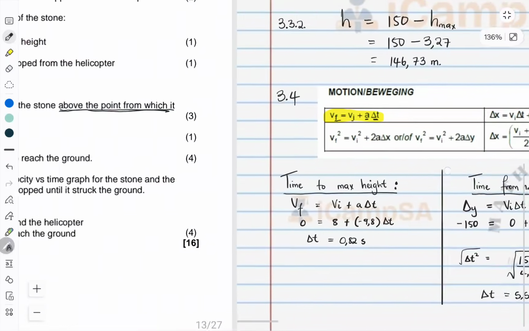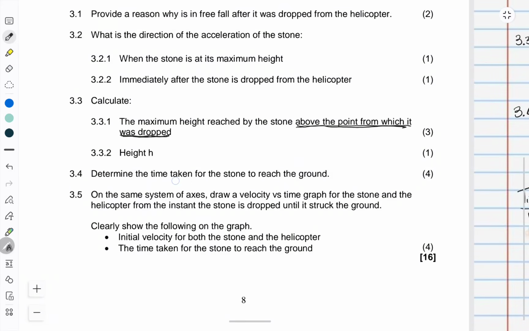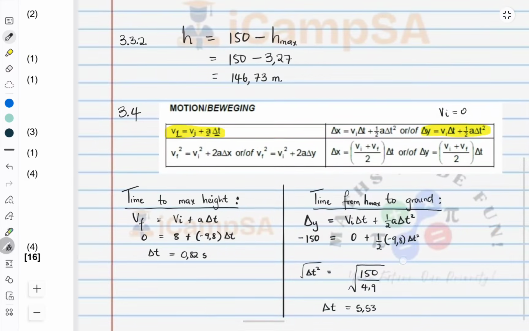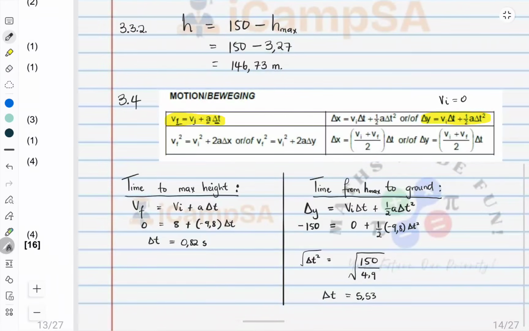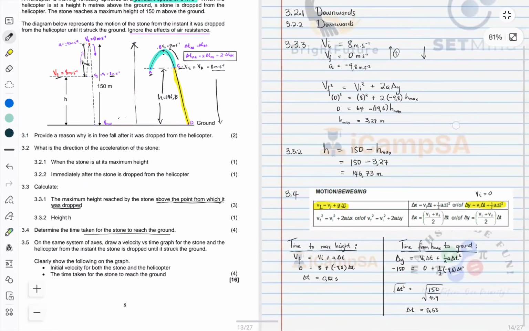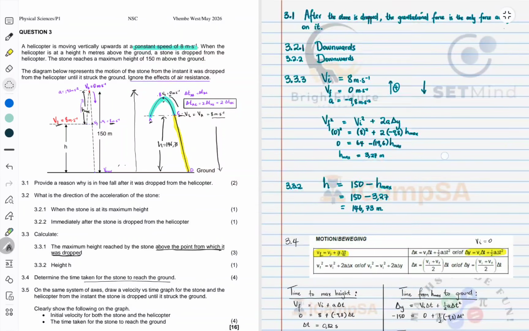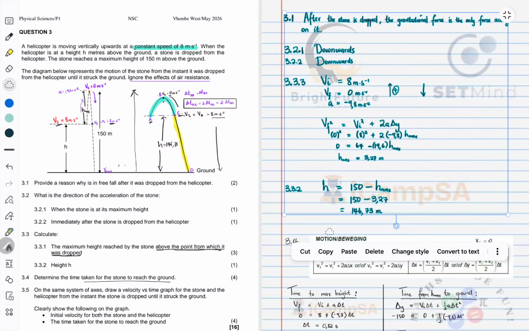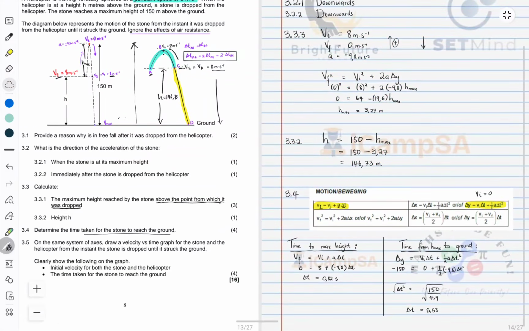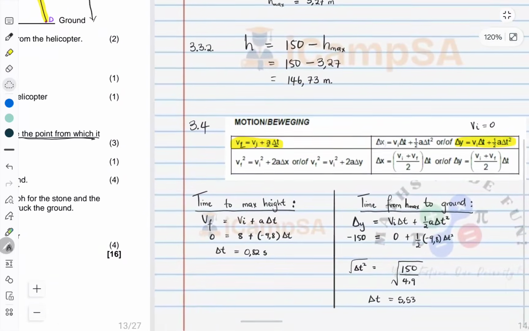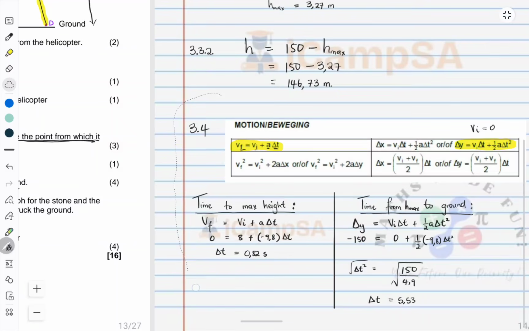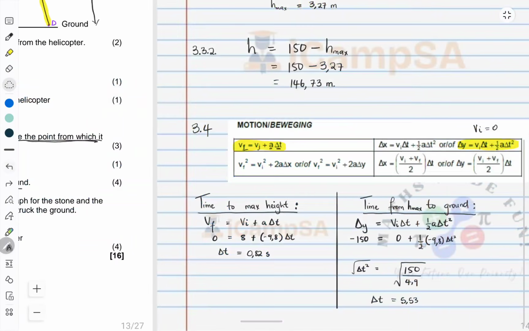Now let's find the total time, because that's what the question wants, right? For the stone to reach the ground, yes. So the total time, let me move things slightly up so that I can include my total time.